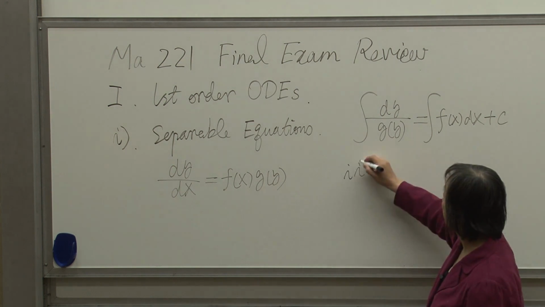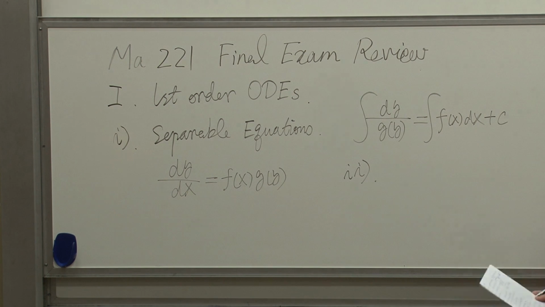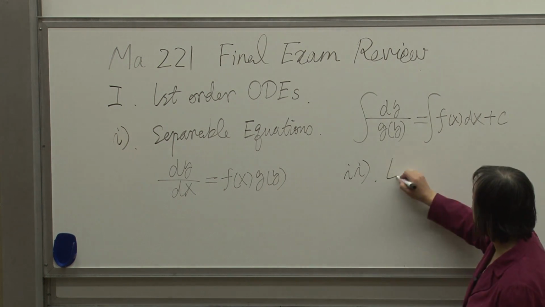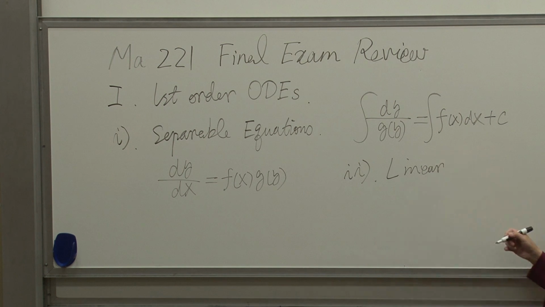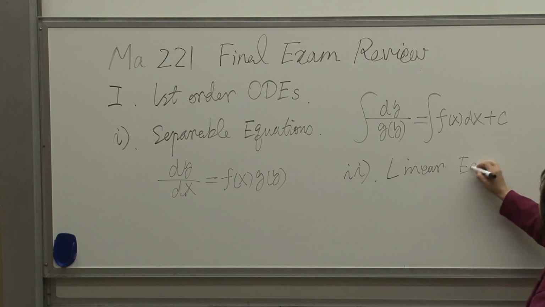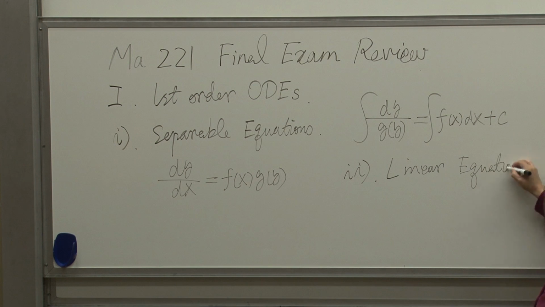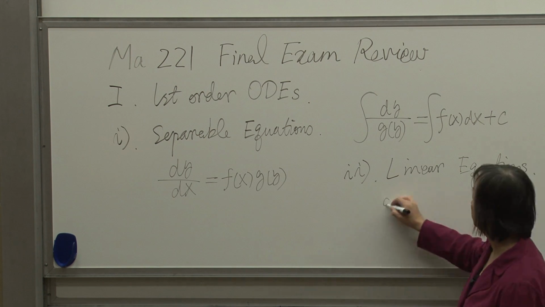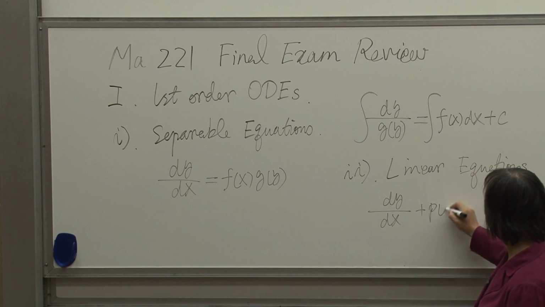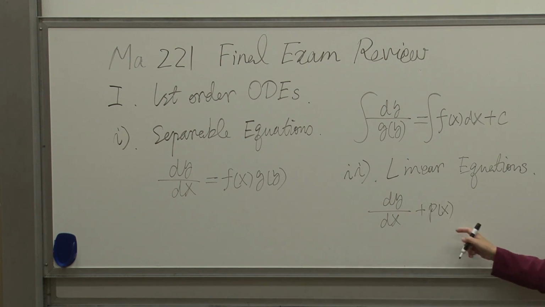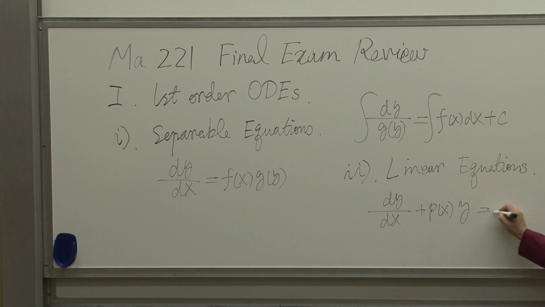Now let's look at the second type. The second type of first order ODEs is called linear equations. A linear equation can be written in this standard form: dy by dx plus a given function p of x times y equals q of x.